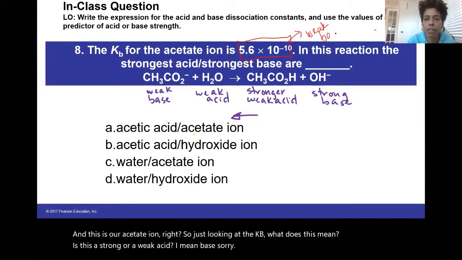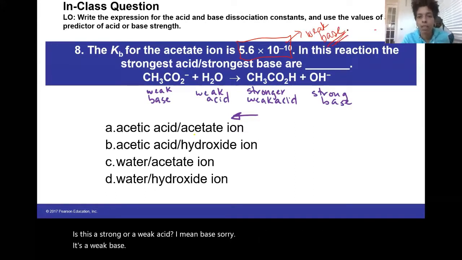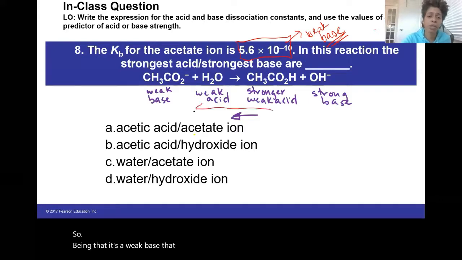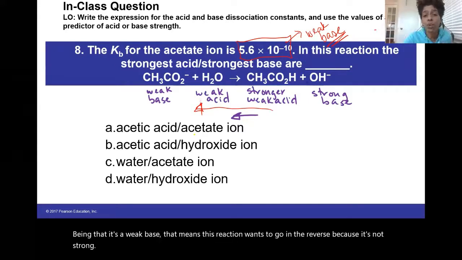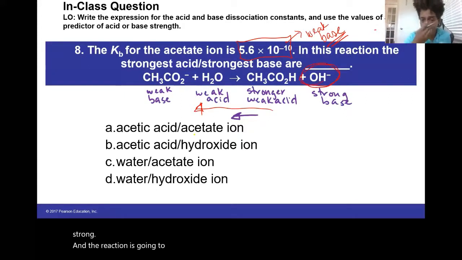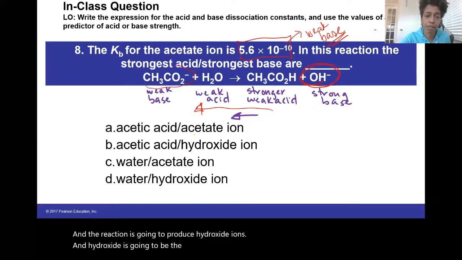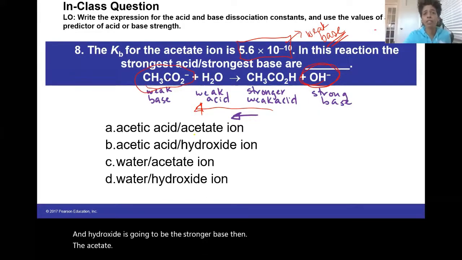It's a weak base, right? So being that it's a weak base, this reaction wants to go in the reverse because it's not strong. The reaction is going to produce hydroxide ions, and hydroxide is going to be the stronger base than the acetate. So that's why B is the answer.